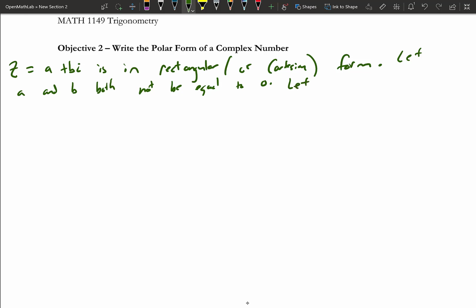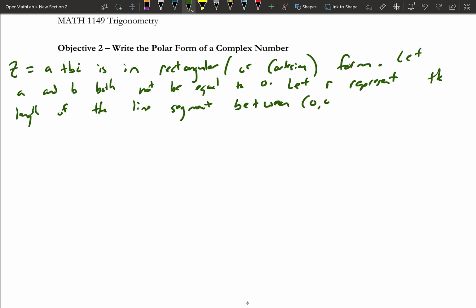Let r represent the length of the line segment between the origin and the point (a, b), right?